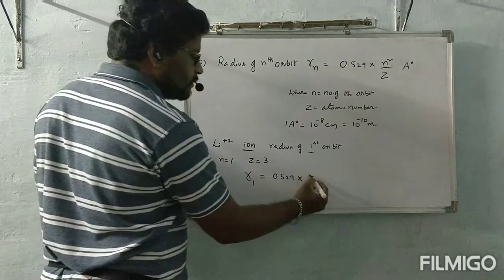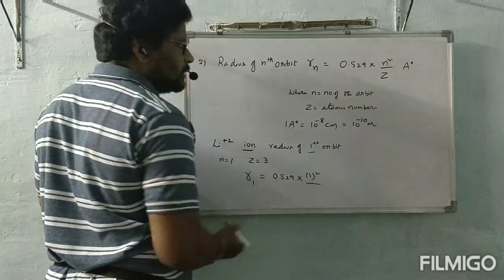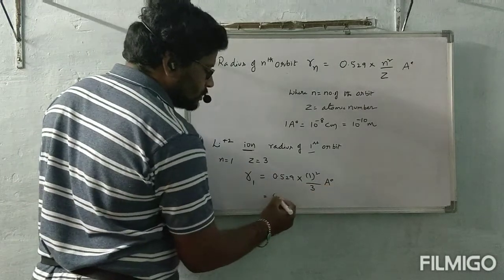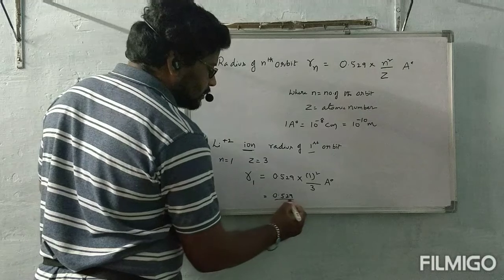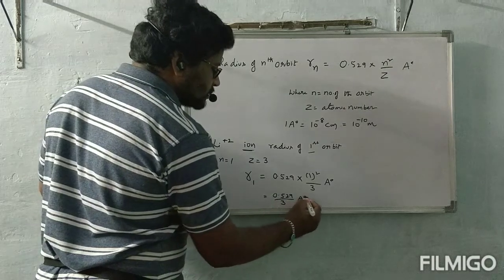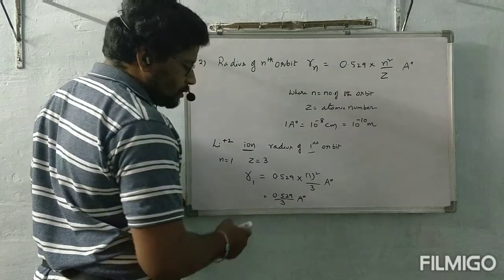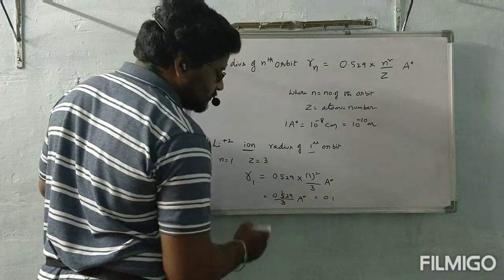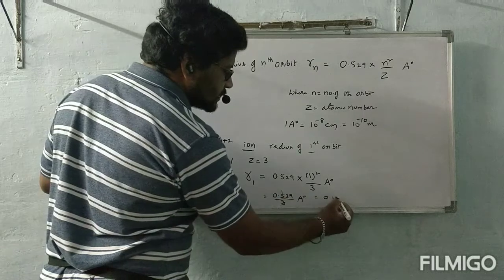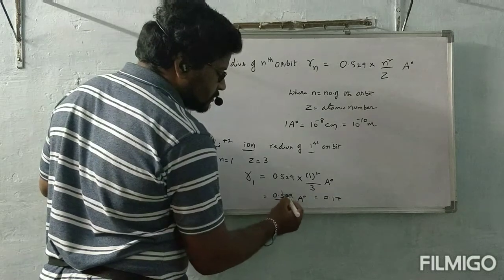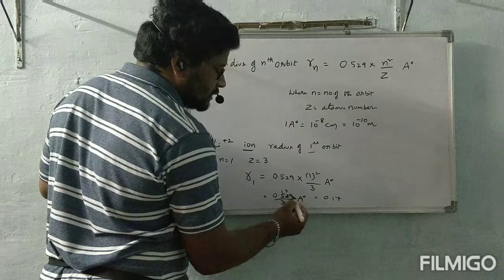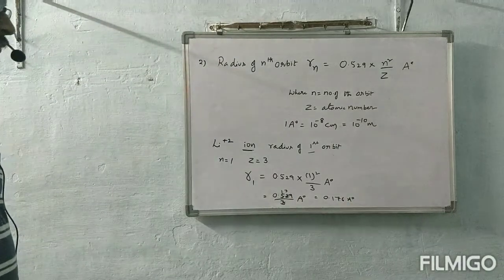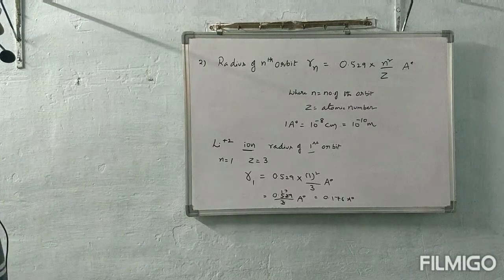What is the n value? 1 square divided by z, 3 angstroms, which is 0.529 divided by 3 angstroms. If you solve this, you will get 0.176 angstroms.